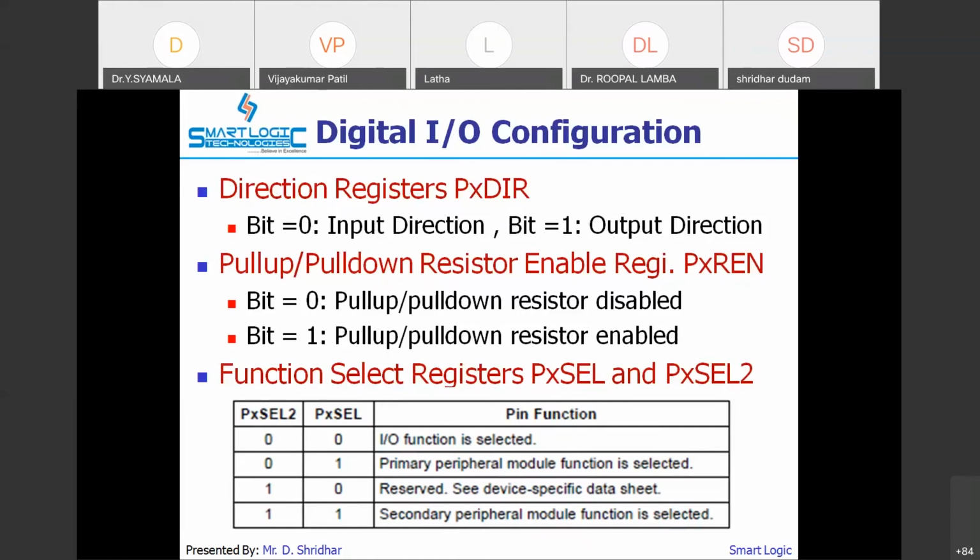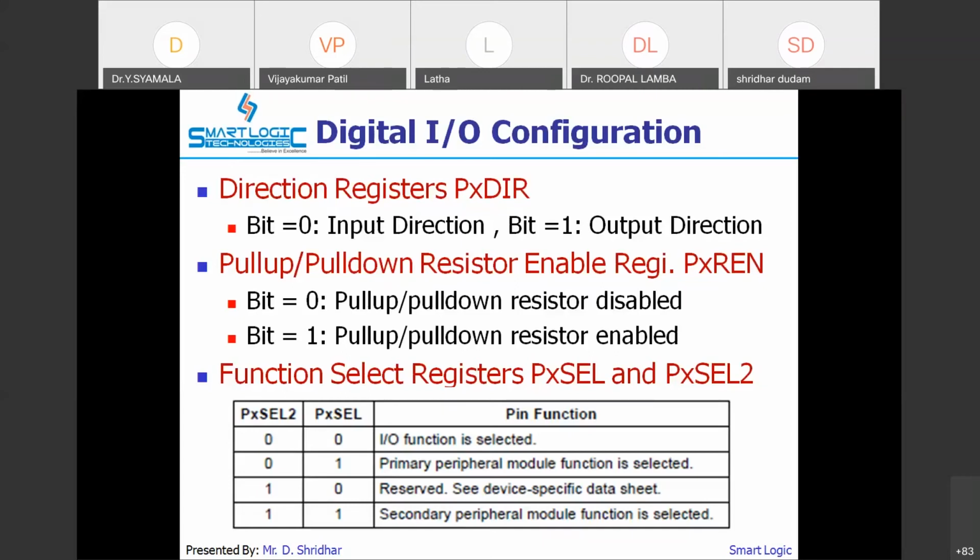Each bit in the port direction register corresponds to a port pin. Bit 0 in the P1 direction register corresponds to P1.0, that means the first pin of the port. If that bit is 0, then it is an input, and if that bit is 1, it is an output.